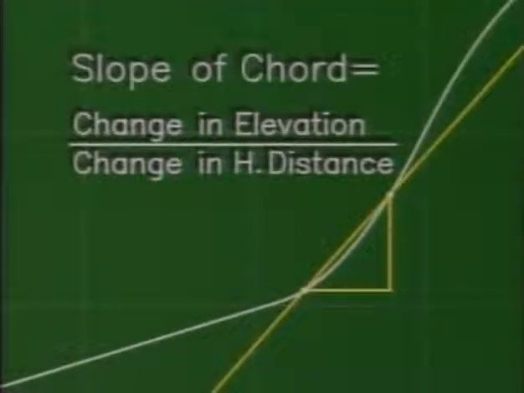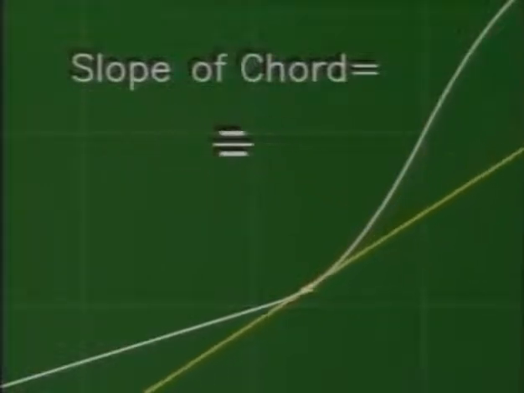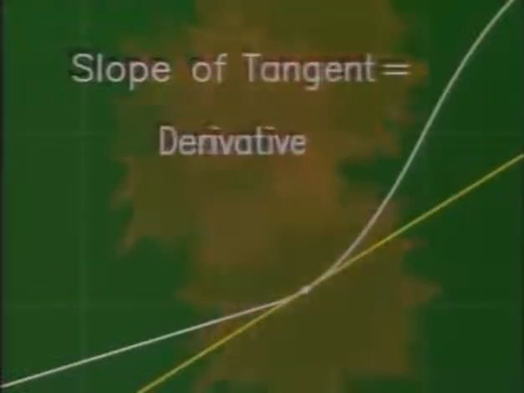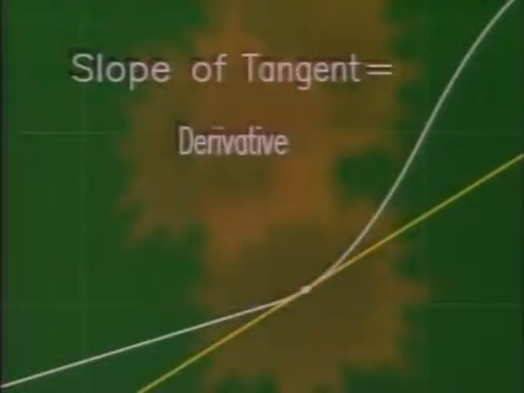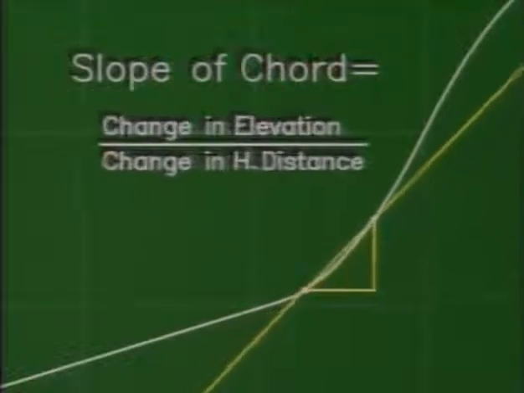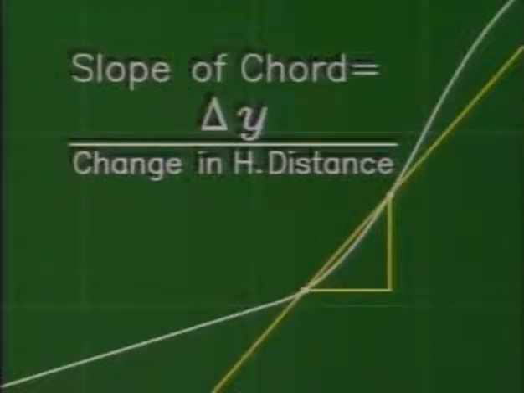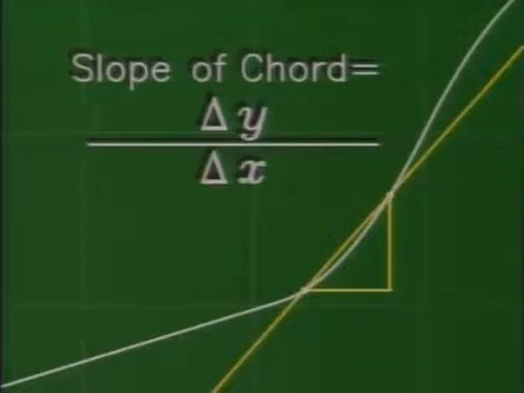In any case, a derivative is what happens to a quotient, a ratio of 2 numbers, as both top and bottom shrink to 0. Before they actually reach 0, small numbers are marked by the Greek letter delta. Delta y is a small change in y. Delta x, a small change in x.